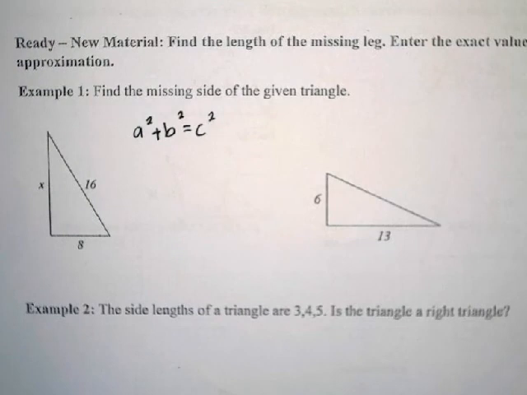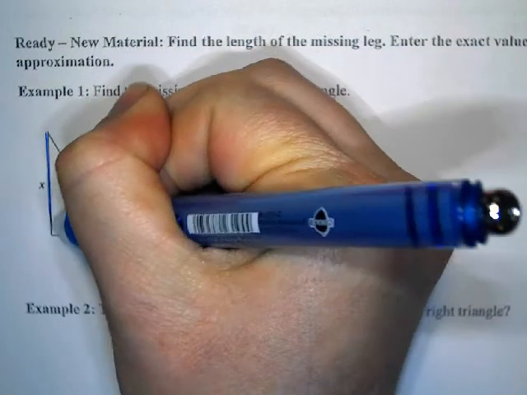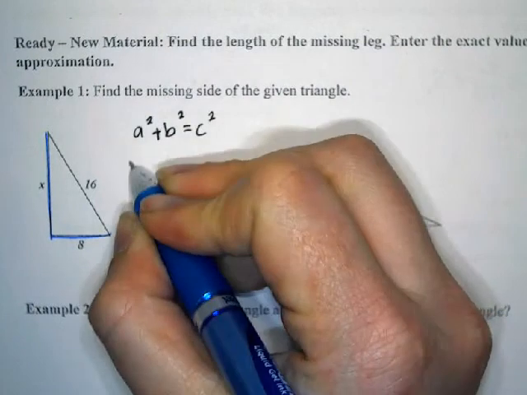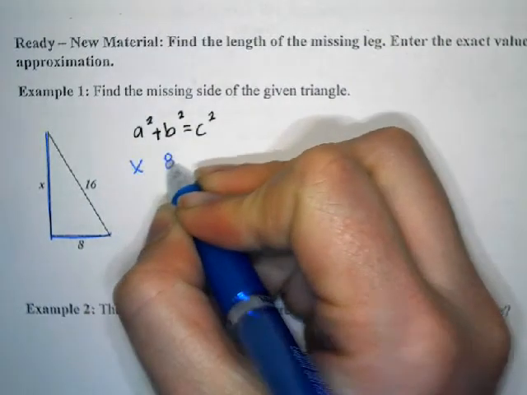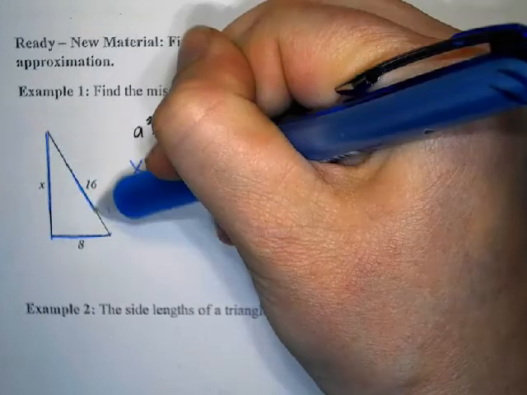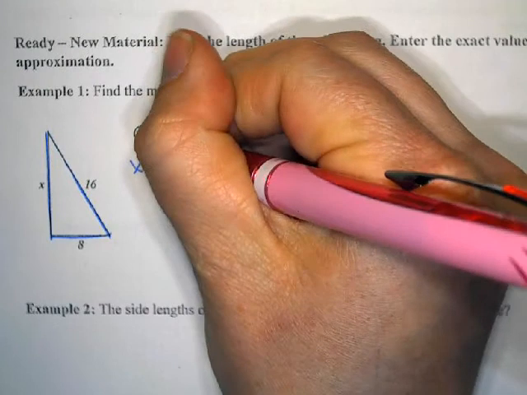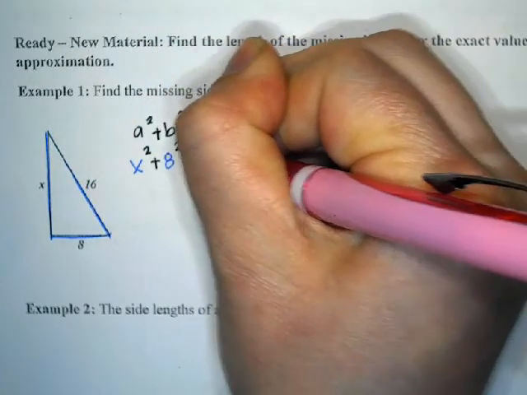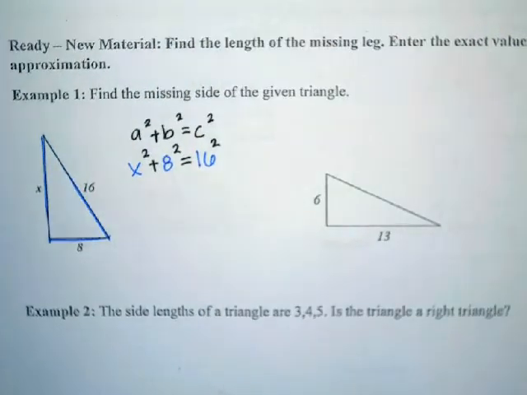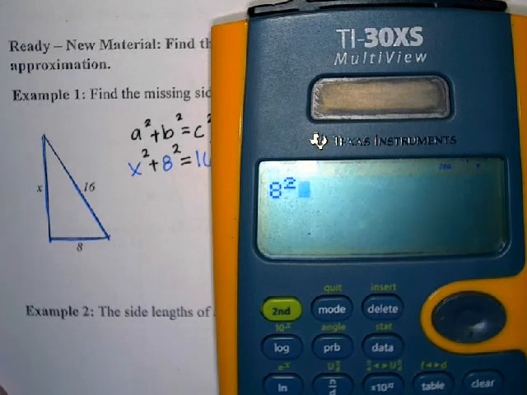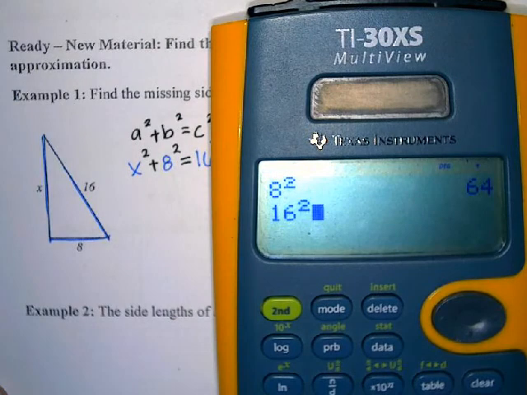We are going to use the legs for a and b, and the hypotenuse, that longest side, is by itself. Then we're going to calculate it. 8 squared is 64. 16 squared is 256.